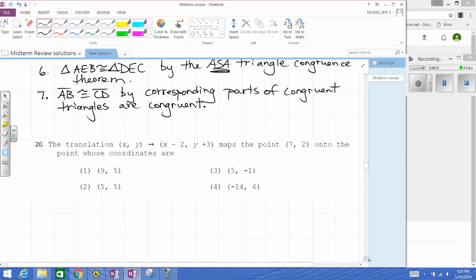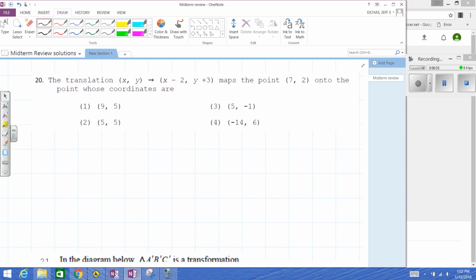So good. All right. This one we could go grab a graph for so you could see this. This is called the rule, algebraically, of the transformation. So we're going to move to the left 2 and up 3 with every point. Or you could just use the algebra, okay?